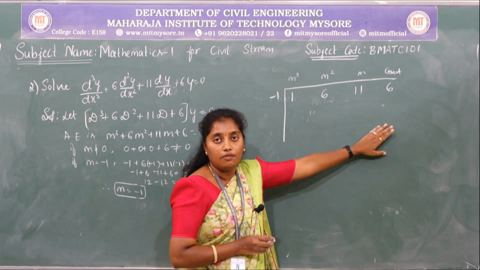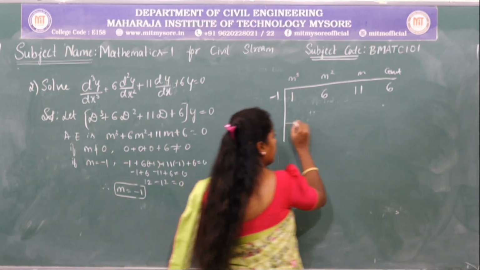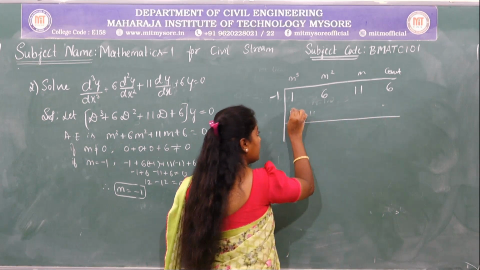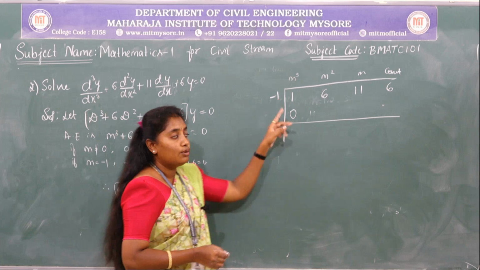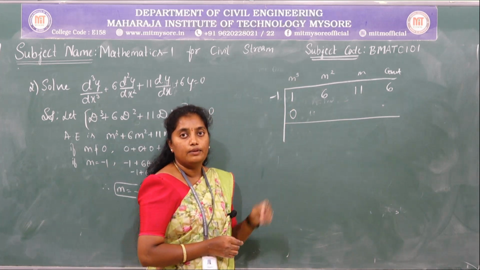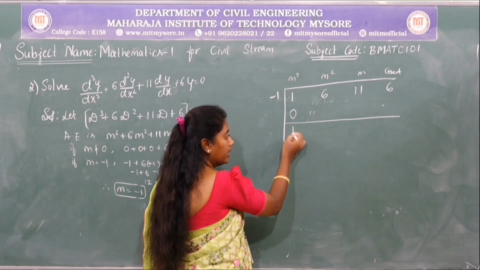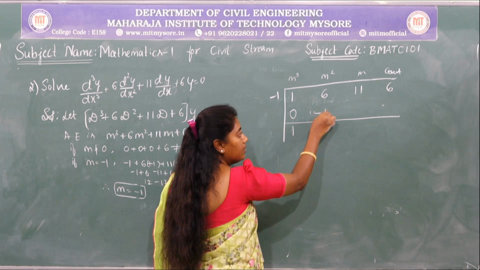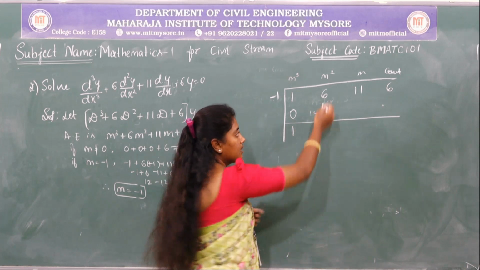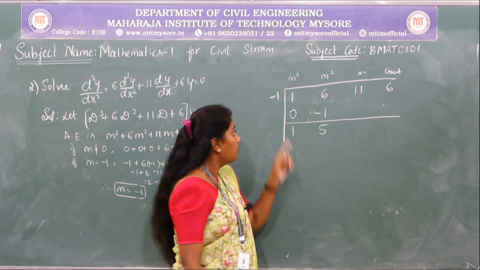The last remainder must be equal to 0. Then we get a quadratic equation. To divide this, let us take the first term as 0, and add or subtract the obtained values depending on the sign of the number. 1 plus 0 is 1. Then we multiply: 1 into minus 1 gives minus 1. 6 minus 1 is equal to 5.